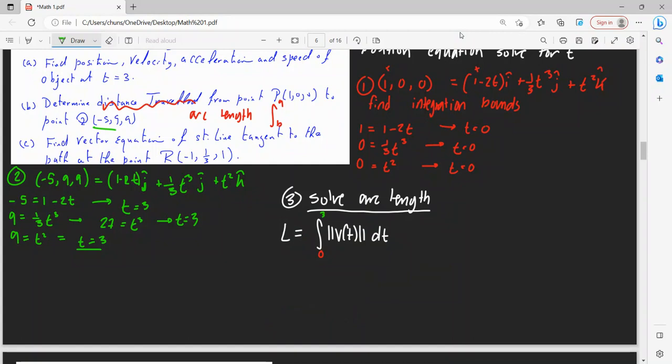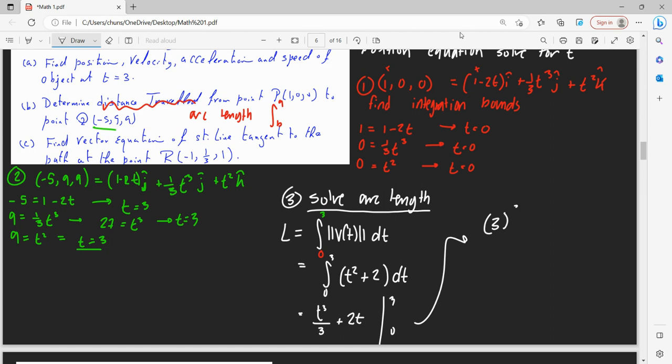All right, so we have t squared plus 2. When we integrate that, that's going to give us t cubed over 3 plus 2t, and that's from 3 to 0.